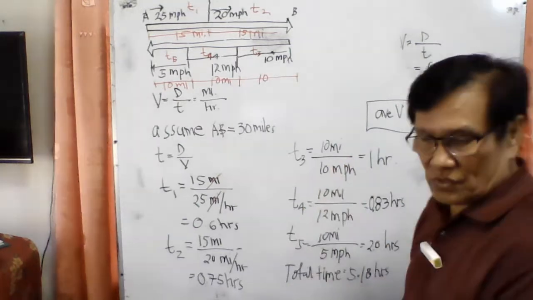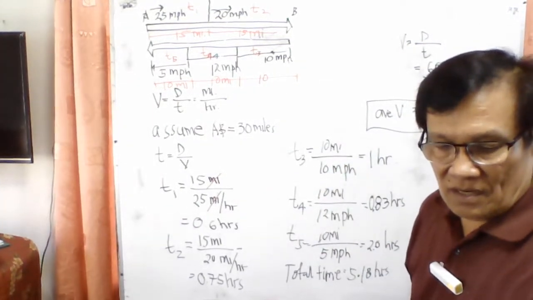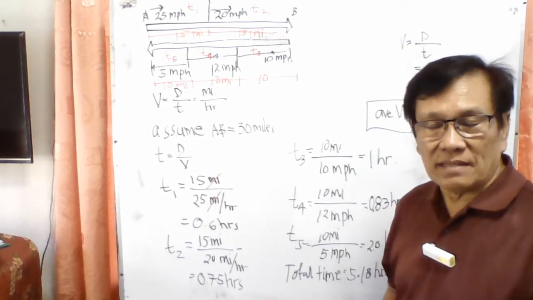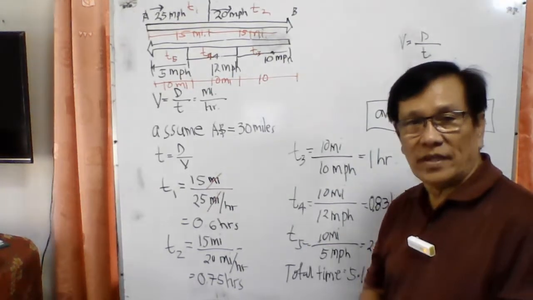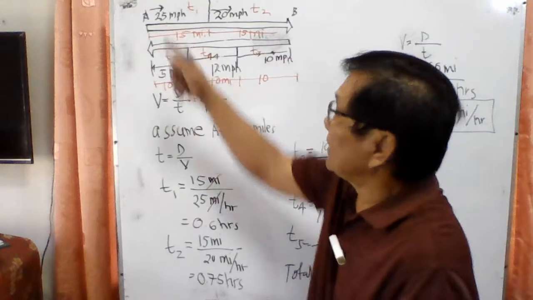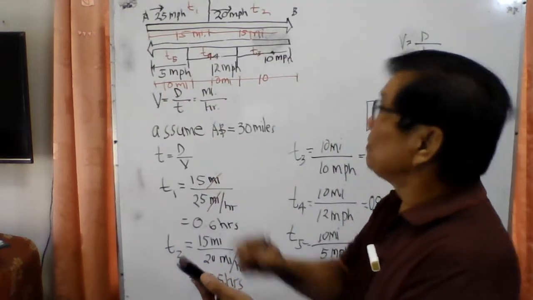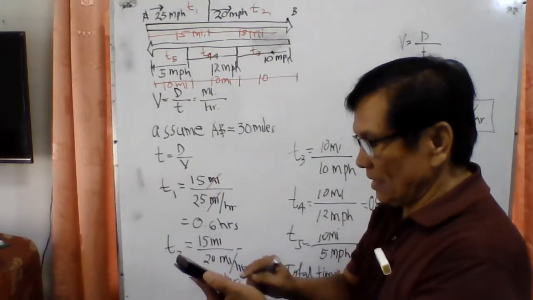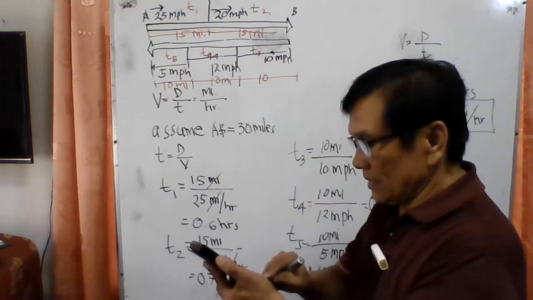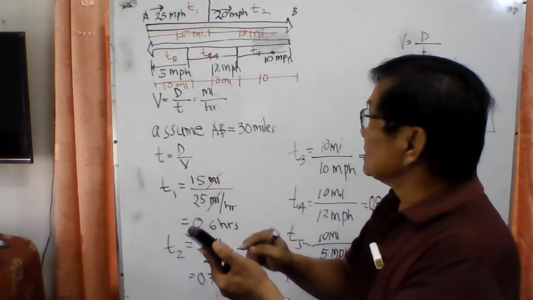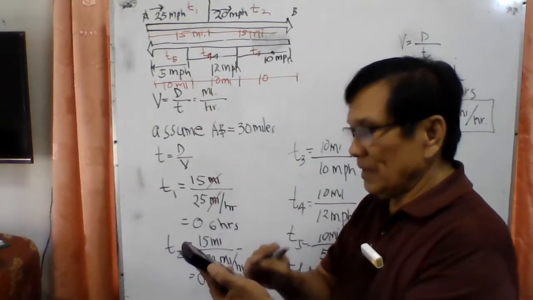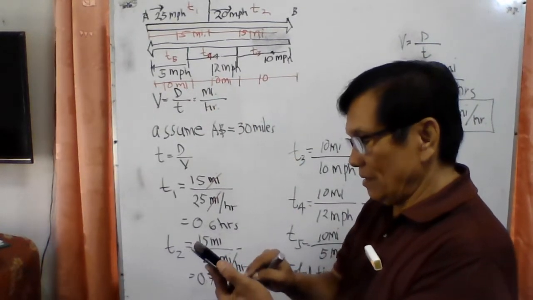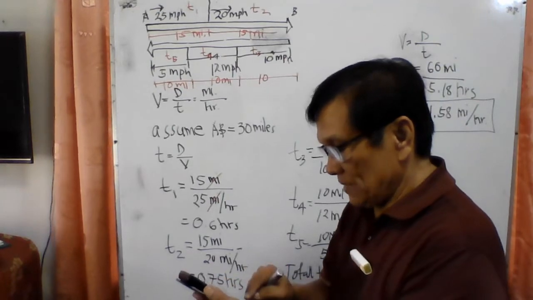Because most of the 99% plus will only resort to the easy way of adding 25 plus 20 plus 10 plus 12 plus 5, and then dividing by 5.